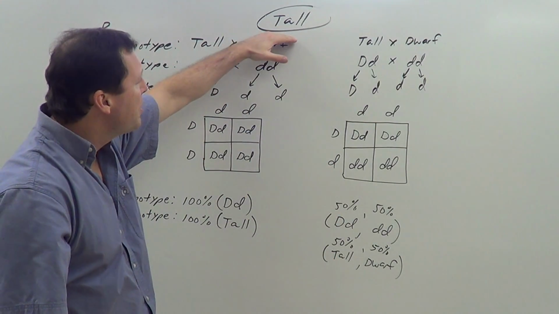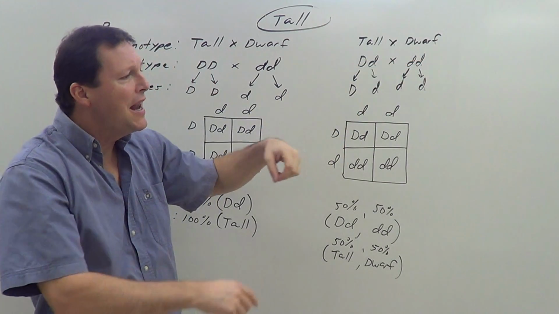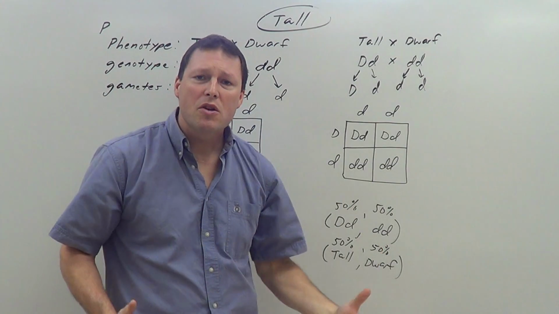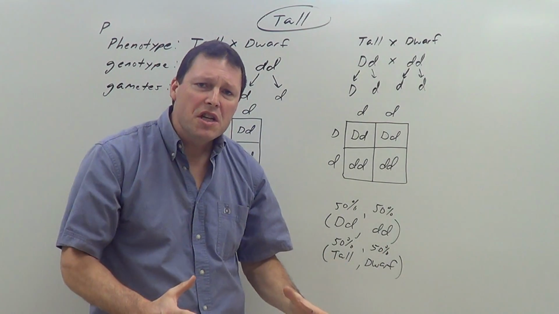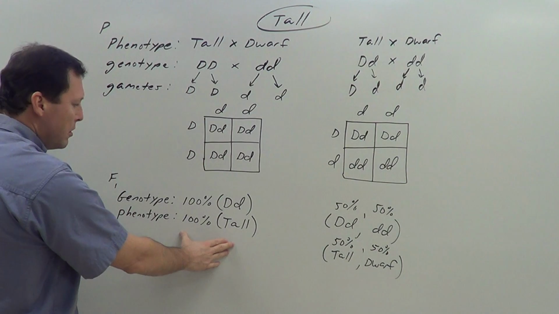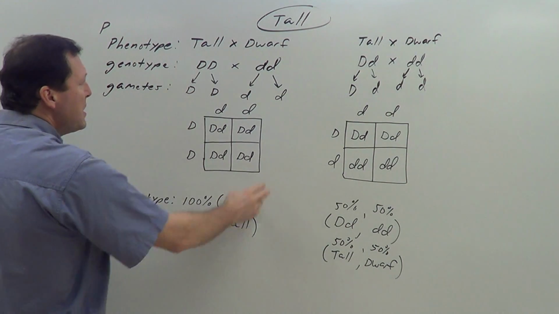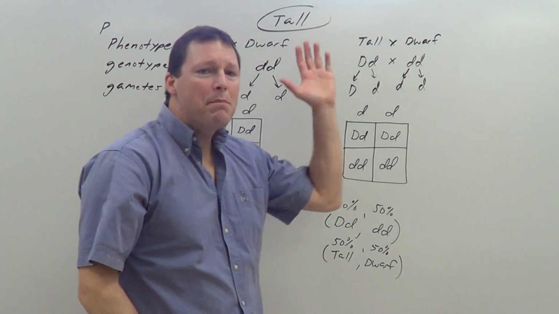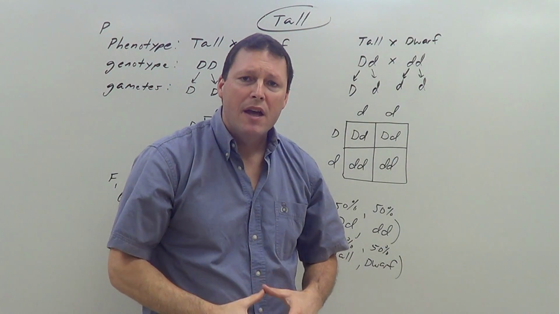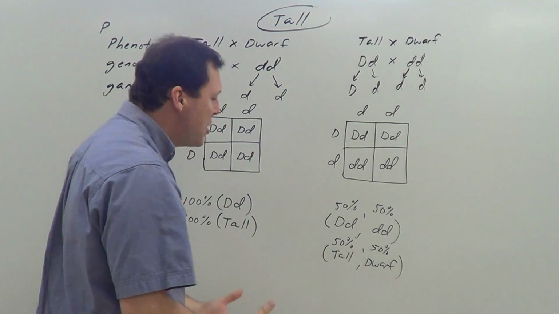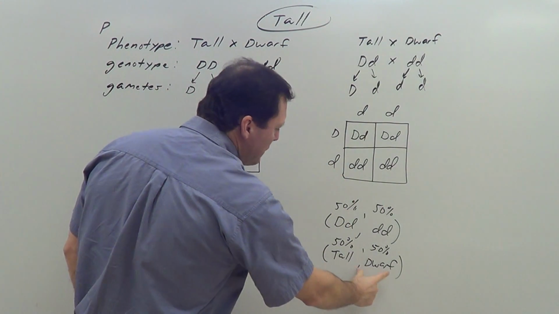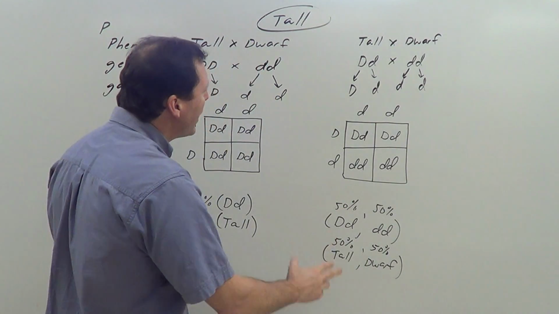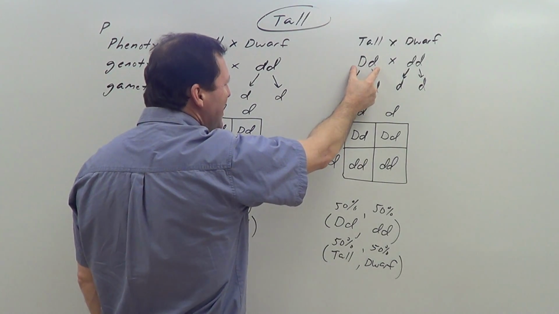And when I cross it with a dwarf pea plant, and then I take those F1 seeds and plant them, if all the seeds come up tall, I know that that tall pea plant must have had this genotype. If I plant all those seeds, and the pea plants end up being 50% tall and 50% dwarf, I know the genotype of that tall pea plant must have been heterozygous.